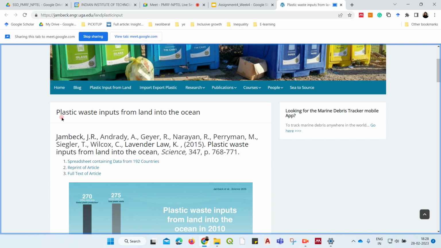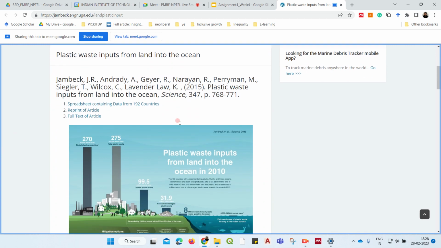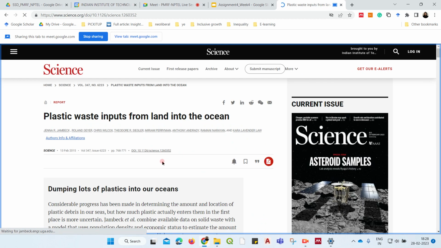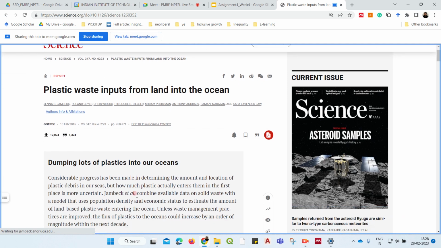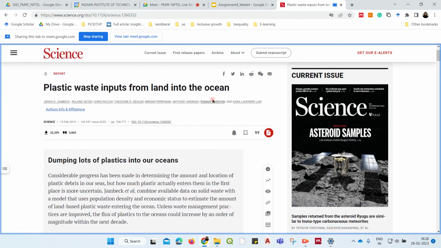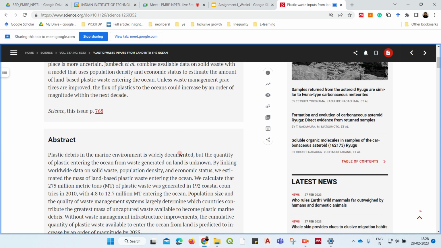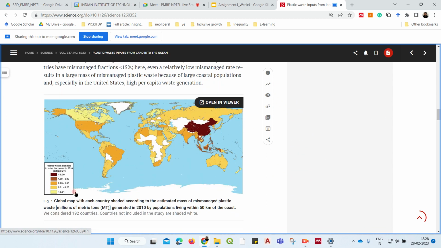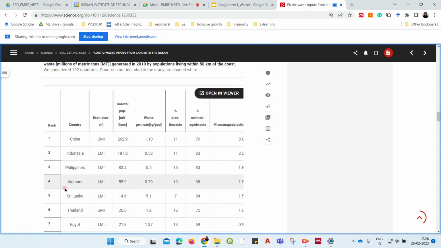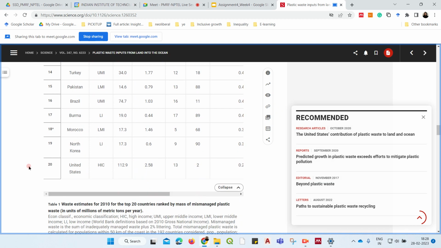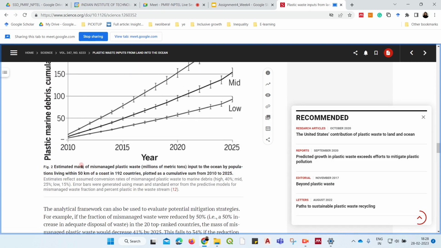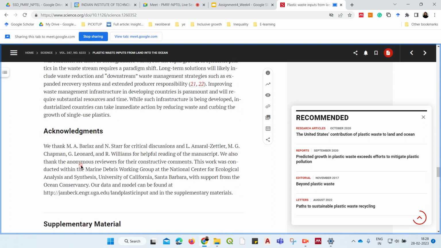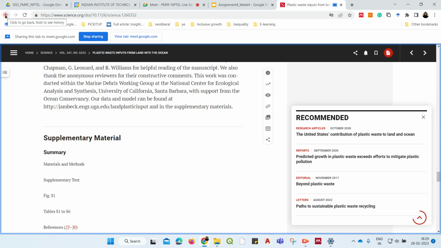So this study is on plastic waste inputs from land to the ocean, and you can access their article here. In it they have presented a detailed study of how much plastic is produced by different countries, and you can see the country-wise data also, and how much of this plastic ends up in landfills, how much plastic ends up in marine systems, everything.